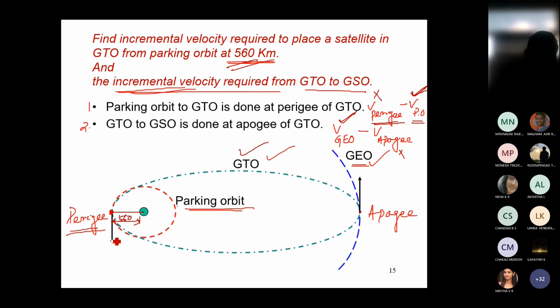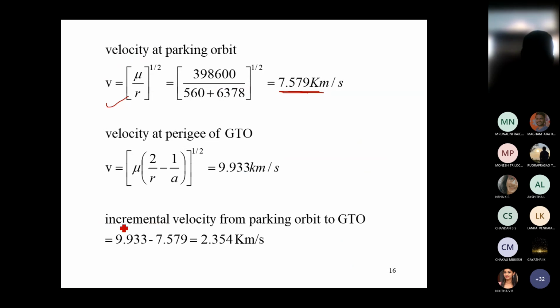That is the orbital height from the surface of the earth. And you have to include the radius of the earth, that is 6,378 kilometer. So you have to include both distances. That will give us this R value.